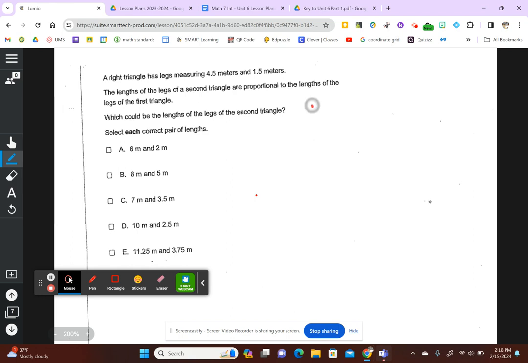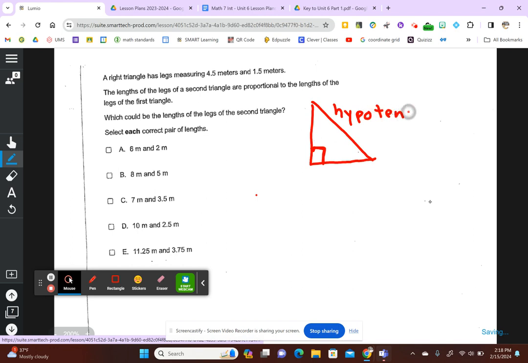Okay, so you remember that a right triangle looks like this, and the right angle is opposite what's called the hypotenuse. Okay, just to do a little review. The other sides of a right triangle are called the legs. So this is saying that the legs are in a proportion of 4.5 to 1.5 meters.